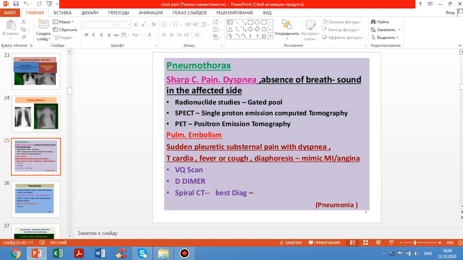Pulmonary embolism: sudden pleuritic substernal pain with dyspnea, tachycardia, fever or cough, diaphoresis, may mimic myocardial infarction and angina. Diagnosis by ventilation perfusion scan, D-dimers, and spiral CT scan, the best diagnostic tests.